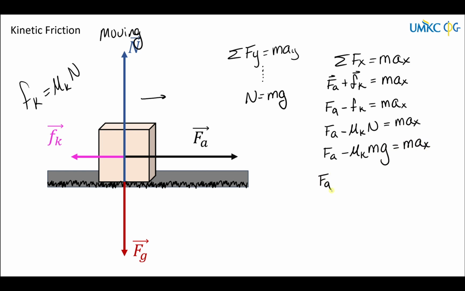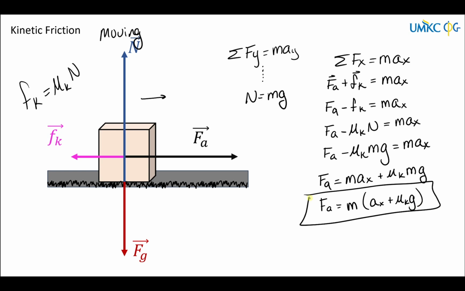And now my applied force is equal to mass times acceleration in the x direction plus my coefficient of kinetic friction, mass times g. I would generally simplify this, pull the m out, and have acceleration plus the coefficient of kinetic friction times g.